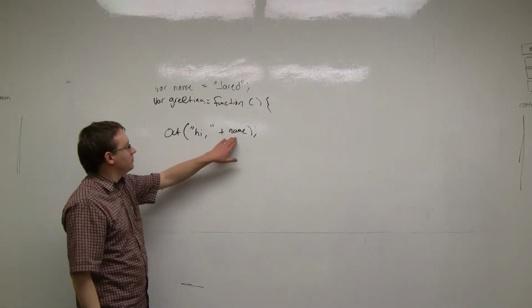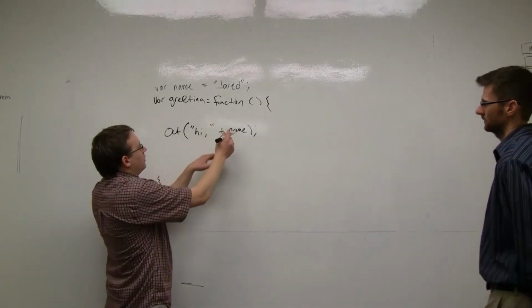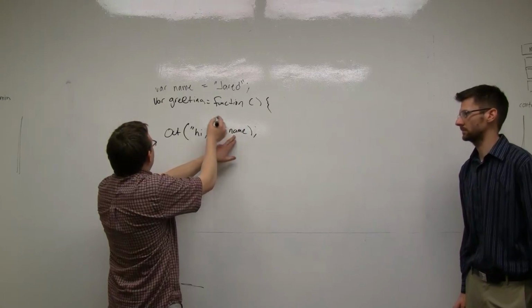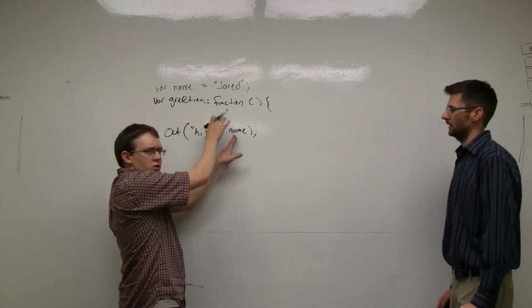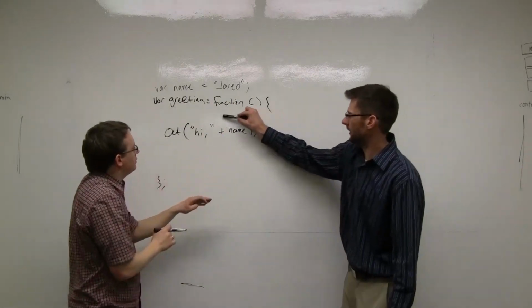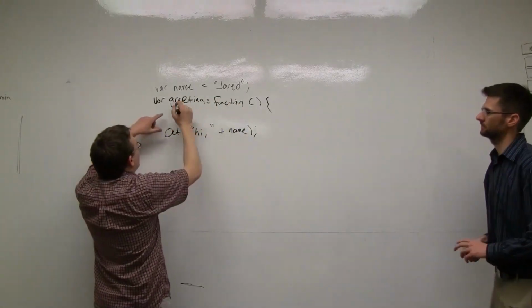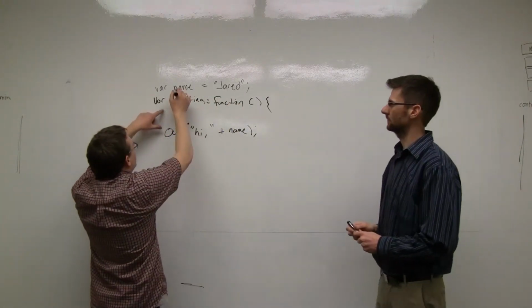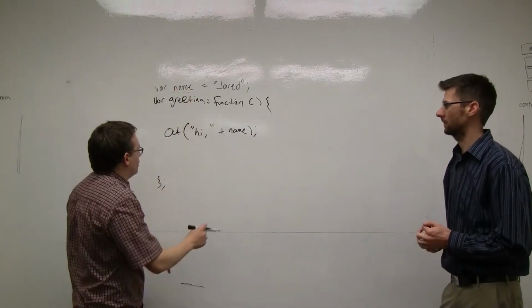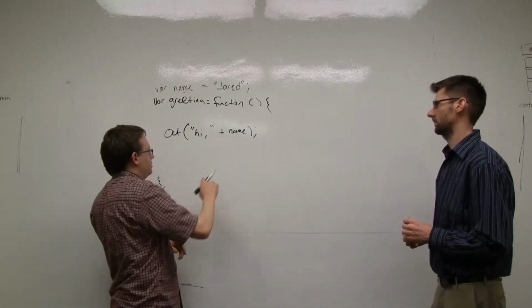So this name, remember we can look out. The interpreter checks first: do I have a name in my function scope? No. So we go out to the next outer scope and we'll find this one. So then what we'll get out is, hi, Jared.